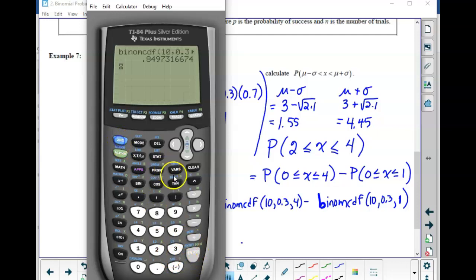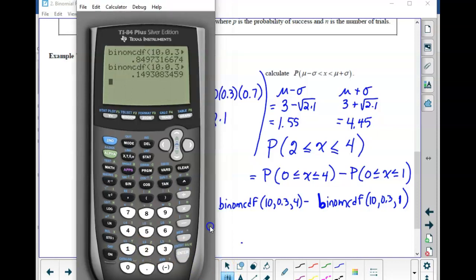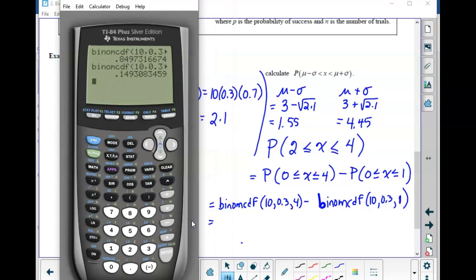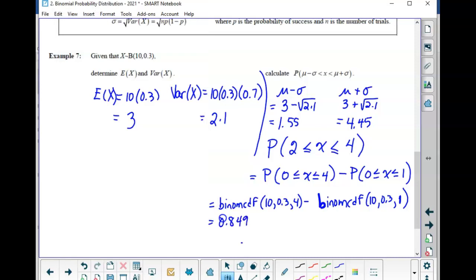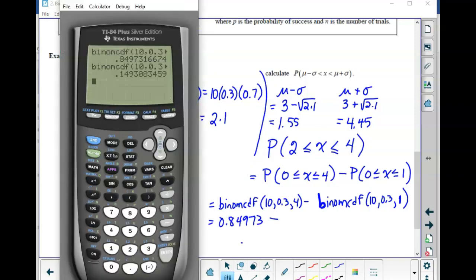Okay, and then second is okay. So 0.8. I always show a few extra decimal places, and then I round at the end, right? 149.